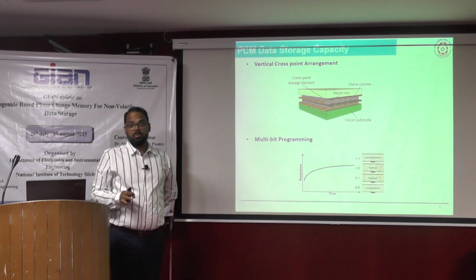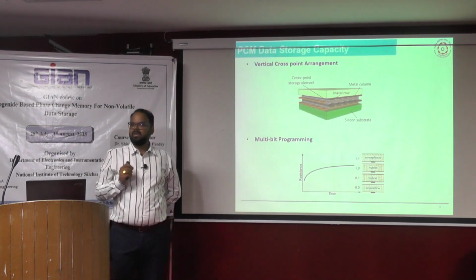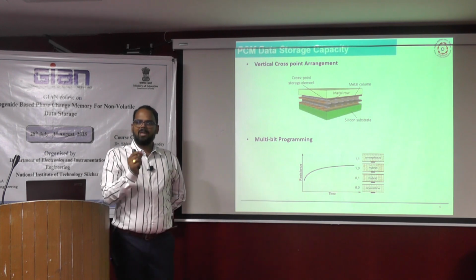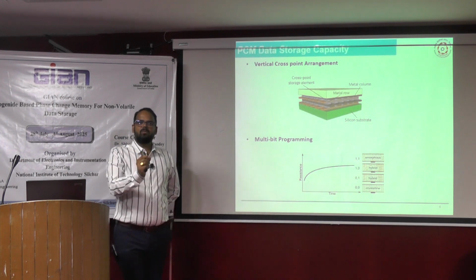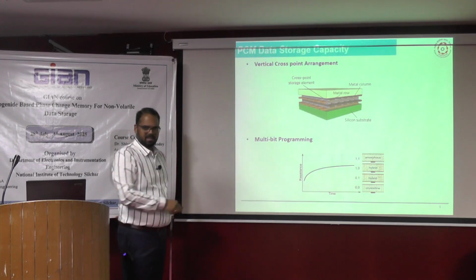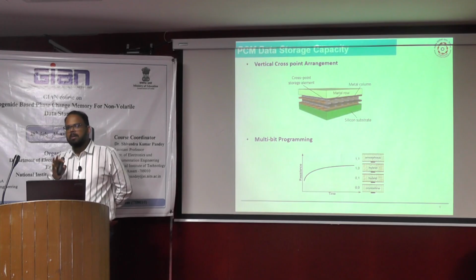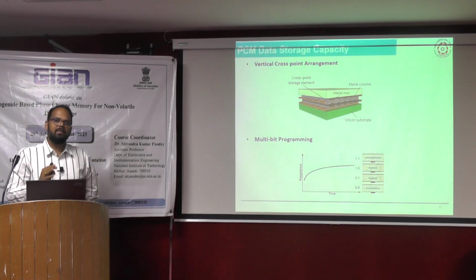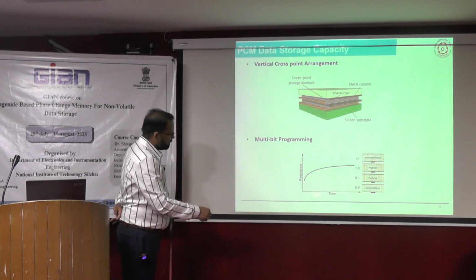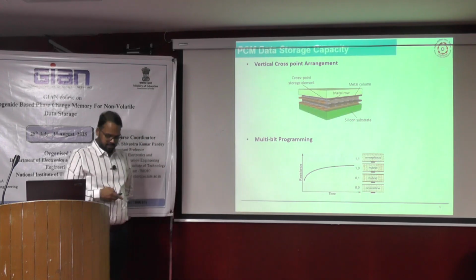For that you need an appropriate programming scheme. Programming scheme means you need to provide an appropriate electrical pulse, electrical voltage or current, and then you can tune a specific state. For that you should have a specific experimental facility, then only you can do that. So I'll focus more on this part, and we will discuss it.